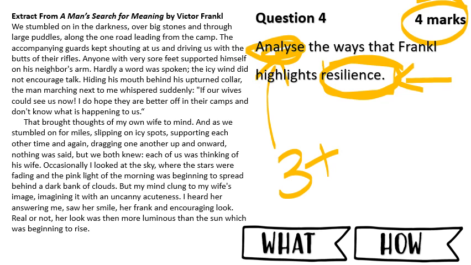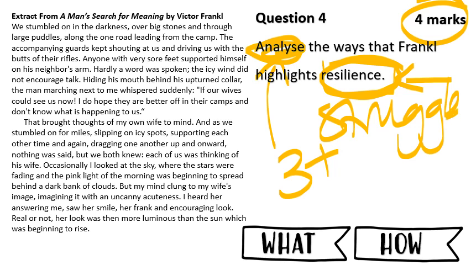Okay, so already you can get a sense of the resilience here because of the way that the writer is demonstrating to us the difficulties, the struggles that he faces. So we are getting an account of extreme hardship.